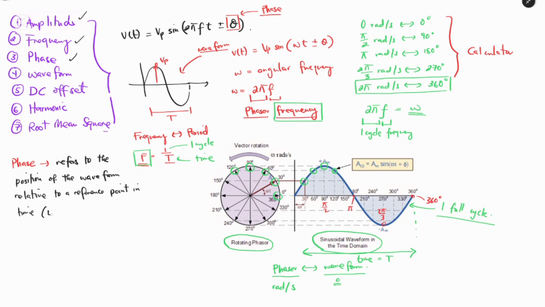We can say the time is the reference time, which is 0, and the phase is typically measured in degrees or radians.